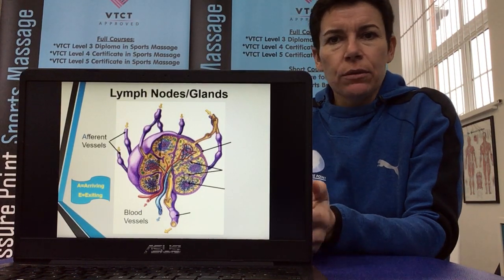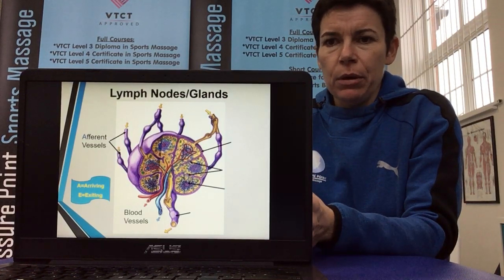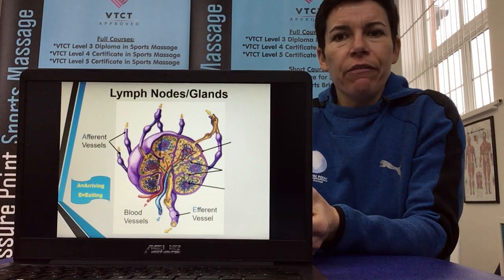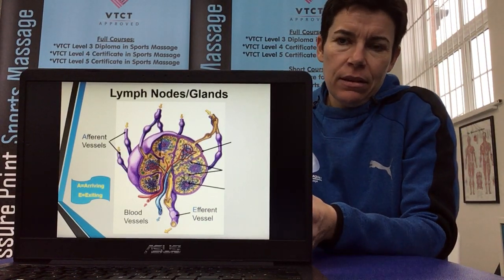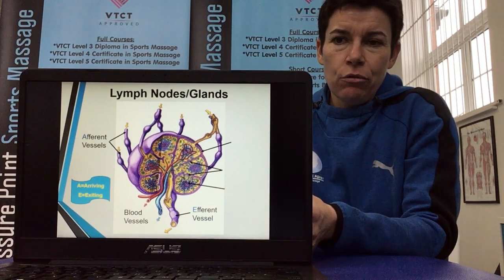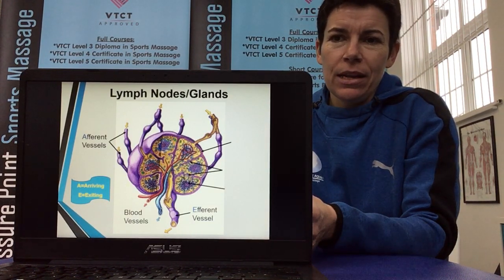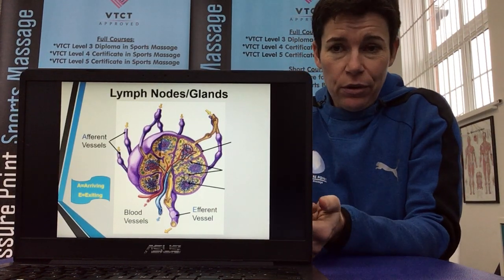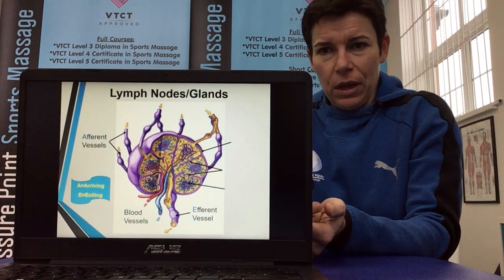Then we've got the blood vessels, so red and blue represent the capillary network around this lymph node. And then the efferent vessel is exiting. So you get lots of afferent entering or arriving, okay, and then it comes out through one efferent vessel, which is then going to take it on further on its journey closer to the heart.